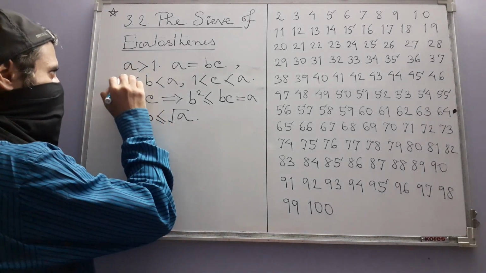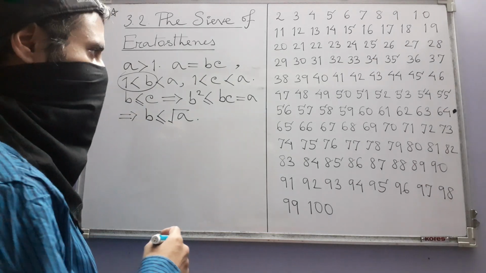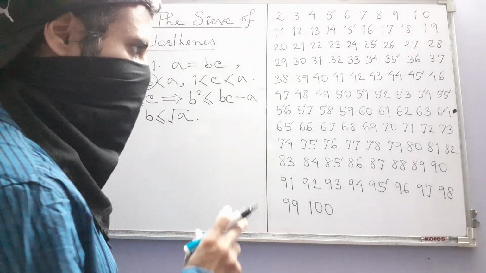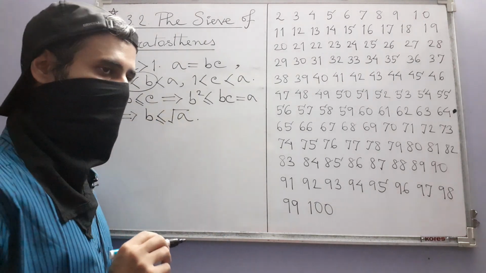Now you look at this inequality. B is greater than 1. So B is a positive integer greater than 1. So by the fundamental theorem of arithmetic, B itself has a prime divisor.